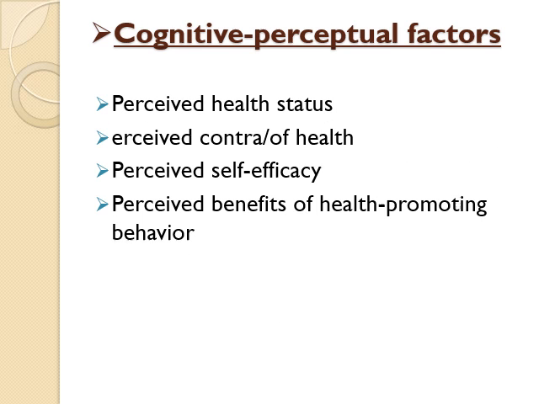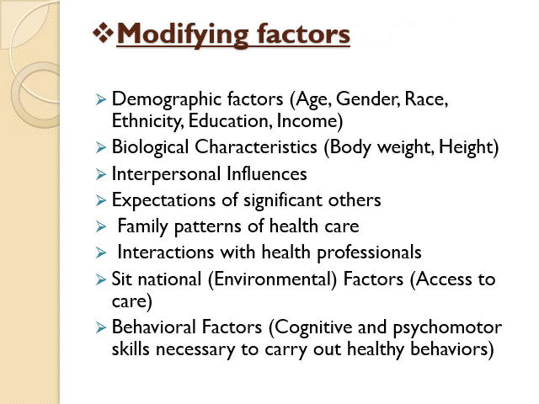Cognitive perceptual factors: perceived health status, perceived control of health, perceived health efficacy, perceived benefits of health-promoting behavior. Modifying factors: demographic factors, age, gender, race, ethnicity, education, income. Biological characteristics, body weight, height.